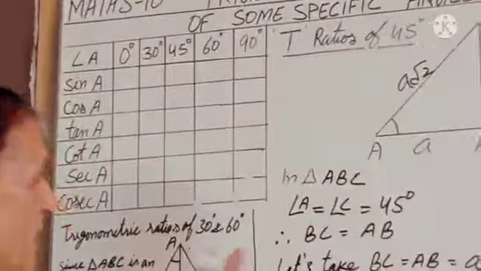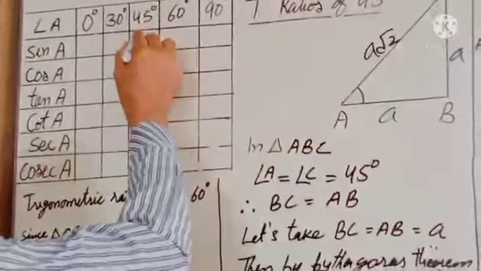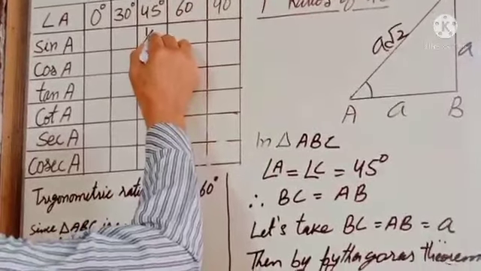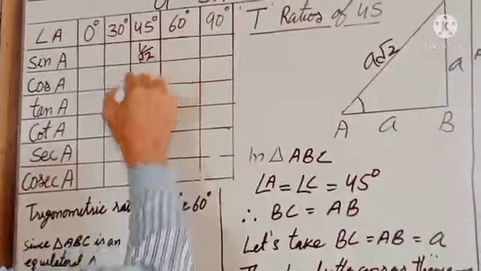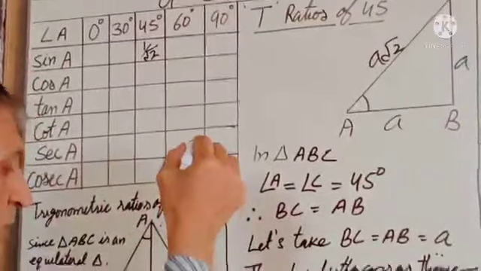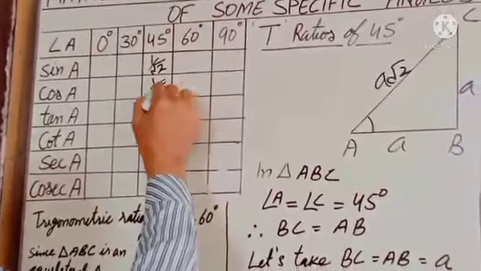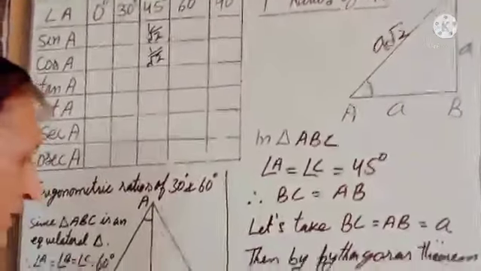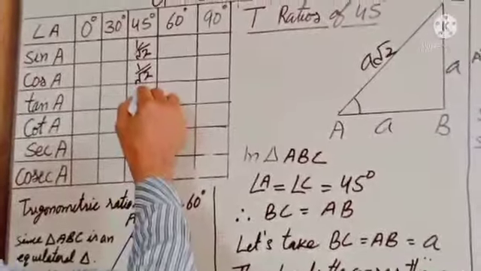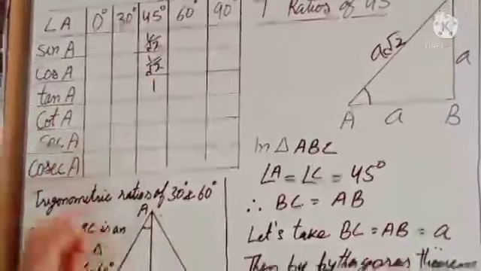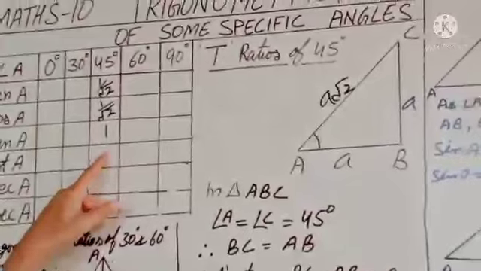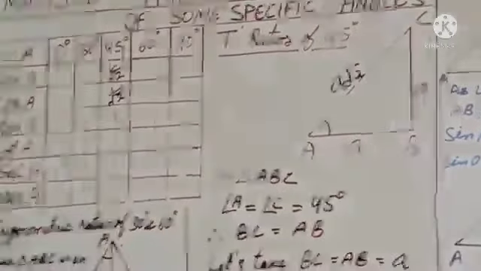Sin 45 is 1 upon root 2 and cos 45 is 1 upon root 2, right? Tan 45 is 1. Talk about cot 45. It can be derived from tan.